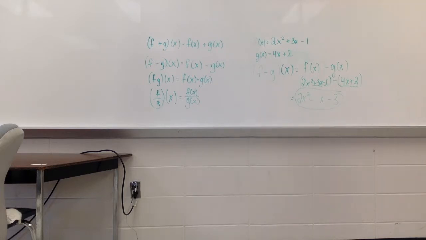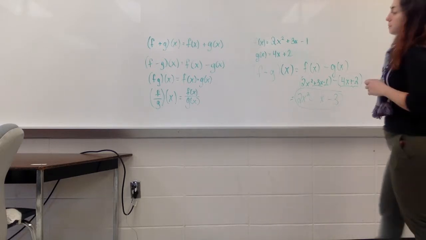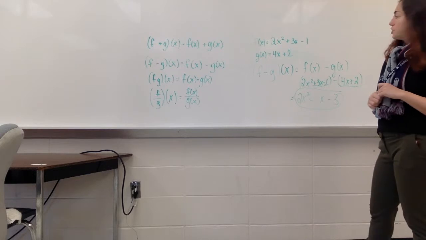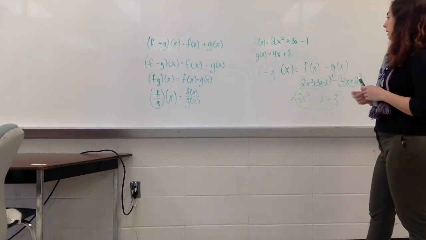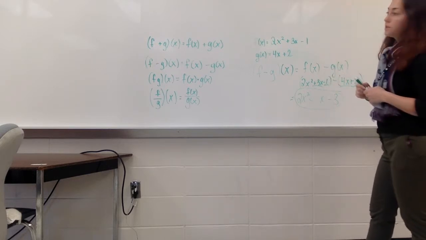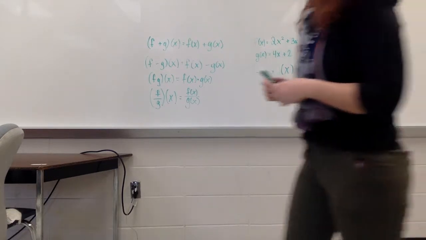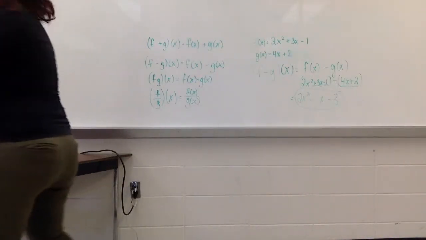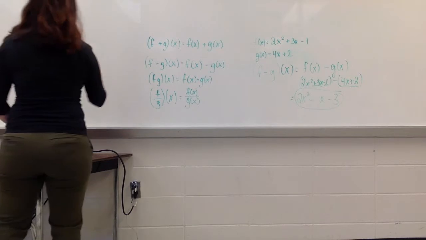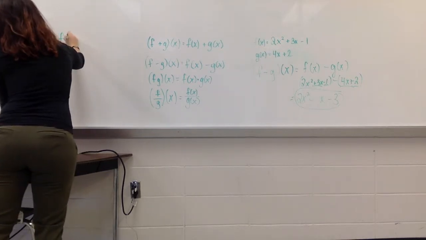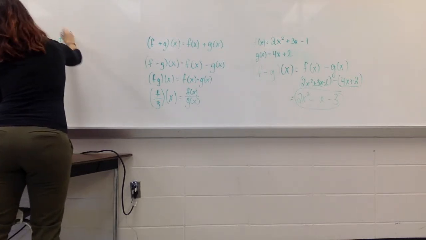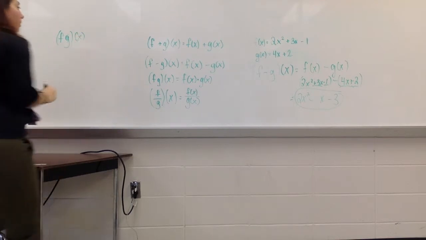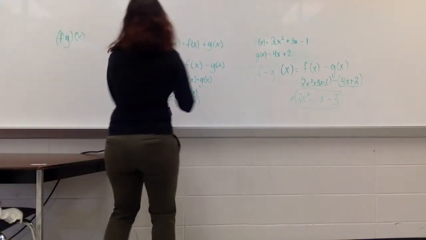Not so bad, right? And then let's make it a little smaller for this multiplication, but the same idea. If we're multiplying, everything changes. So let's say I have f times g of x, right? We're multiplying two functions.